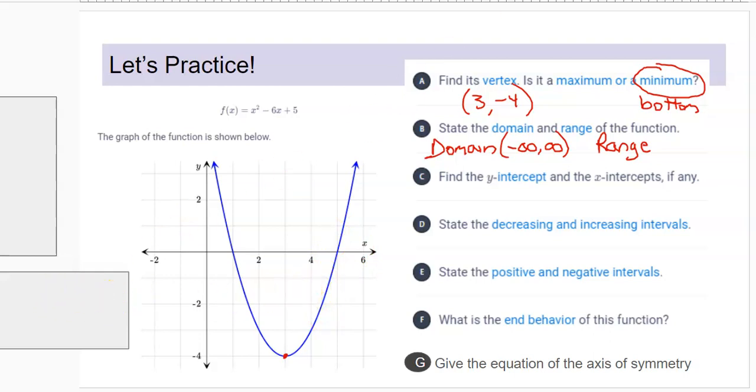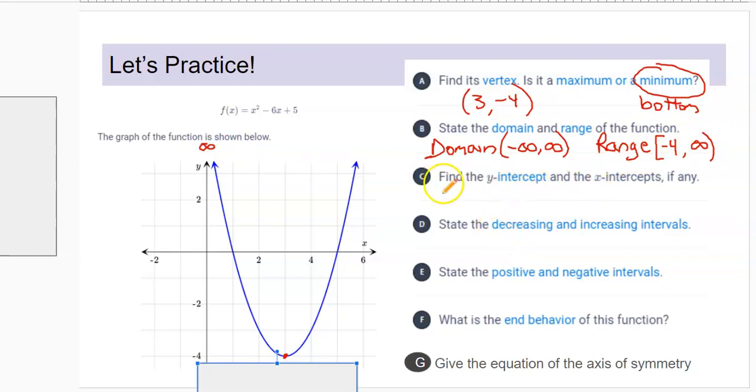The only place the graph exists is from negative 4 up. How far up? All the way. Those arrows keep going. So our range is described as the interval from negative 4, and square bracket, it includes negative 4, to positive infinity, because up, that doesn't stop, is positive infinity.